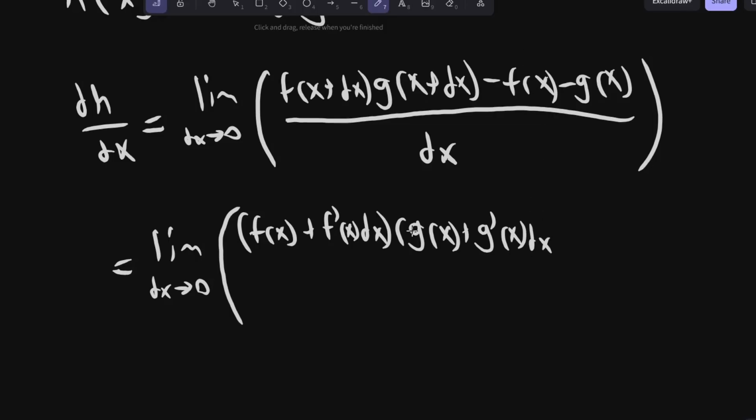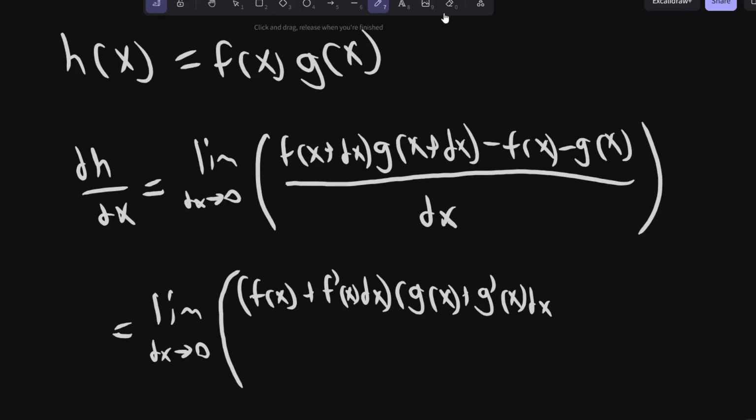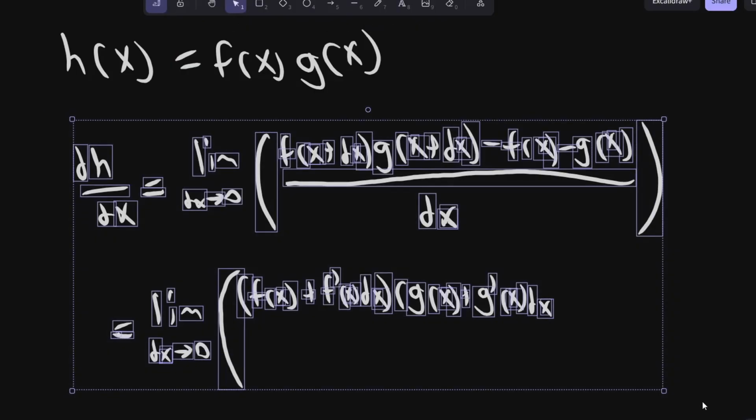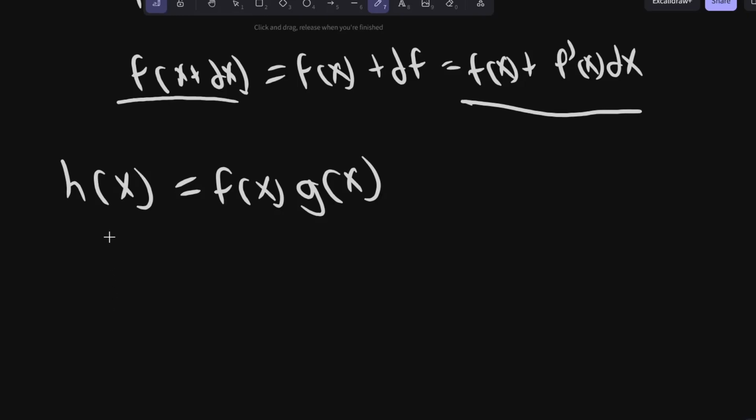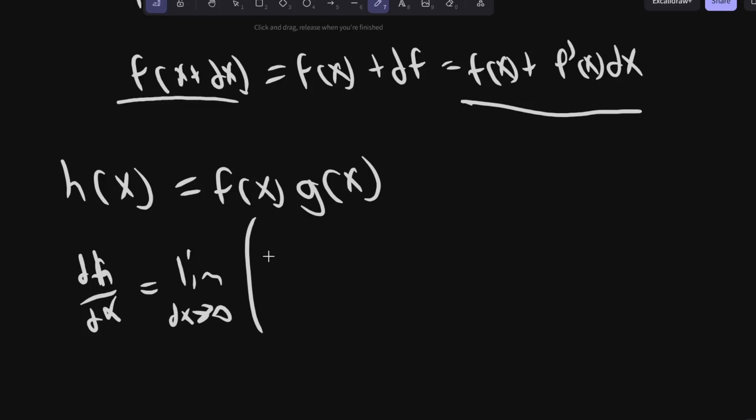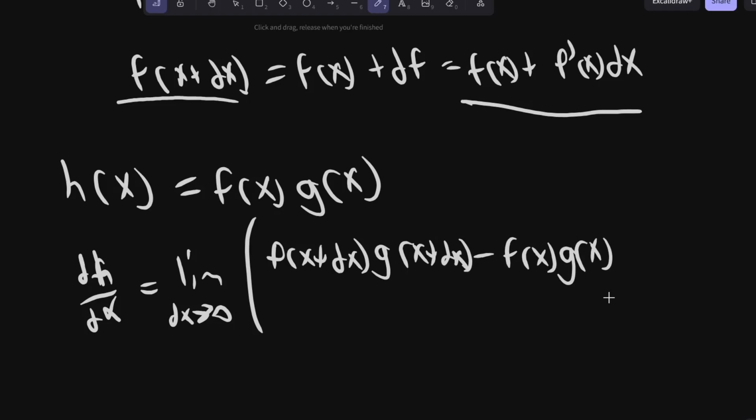Sorry, this shouldn't be minus f. Now we take the derivative. So dh dx is limit dx approaching 0 of f of x plus dx, g of x plus dx, minus f of x, g of x, right? Divided by dx.